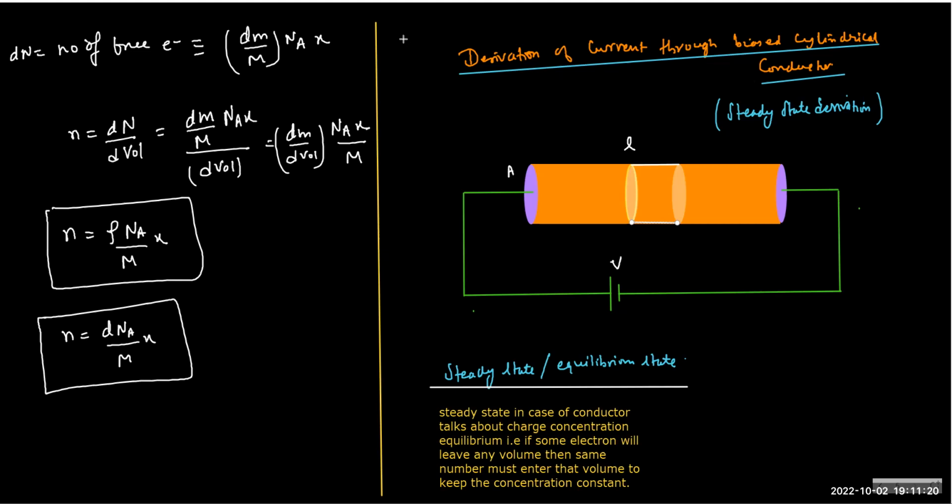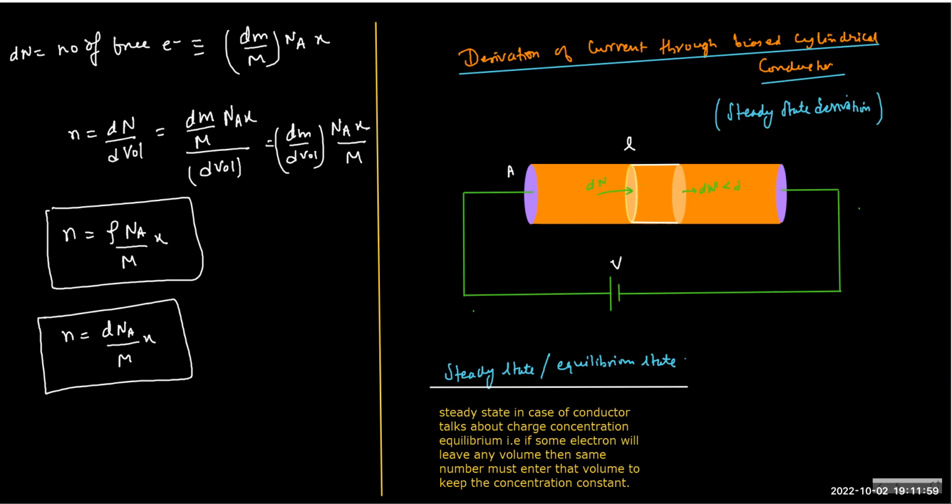And this is a very, very important idea. So let's say some electrons dn are entering this cross section, and imagine the other cross section which I am drawing on the right side, dn dash is leaving, and let's say dn dash is less than dn. What does it mean? This volume will have extra electrons than before, yes or no? Yes. Which means it is not the steady state. In steady state, you cannot change the concentration of a given volume. Now, when is the steady state possible?